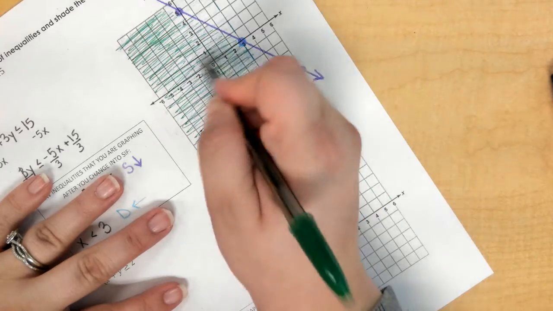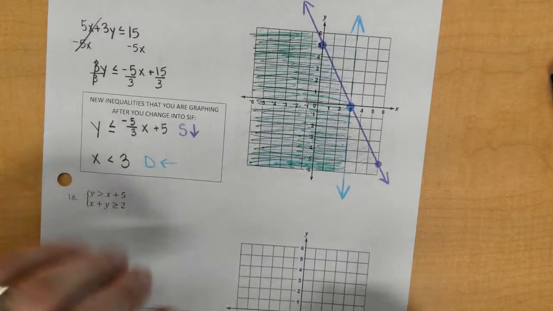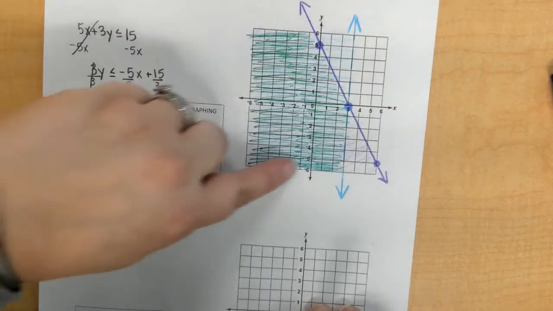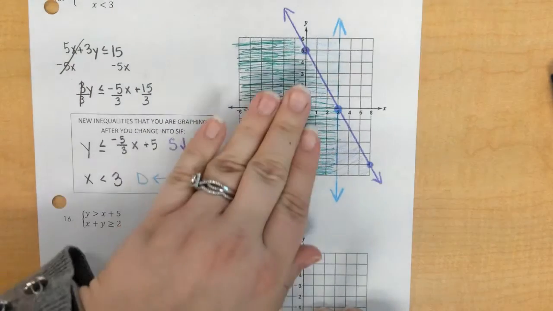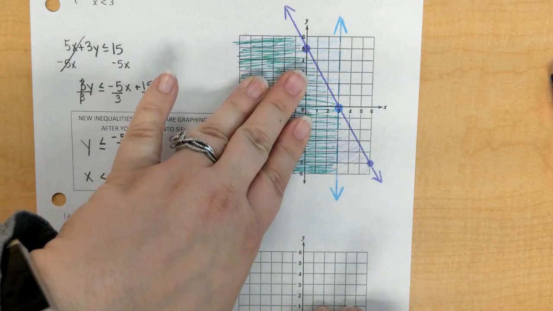So we would say that this part right here is your solution. So I would be looking for the solid, the dashed, and then the section that you shaded darker.